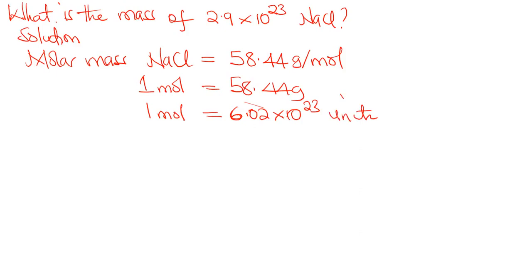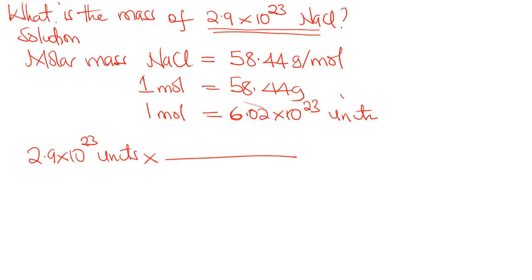Now, this one is our given quantity. That's what we start with. So we are going to have 2.9 times 10 to the power 23 units times, down here we have units, and here more. Then down here we have more, and here, and then we have grams. So everything needs to cancel.